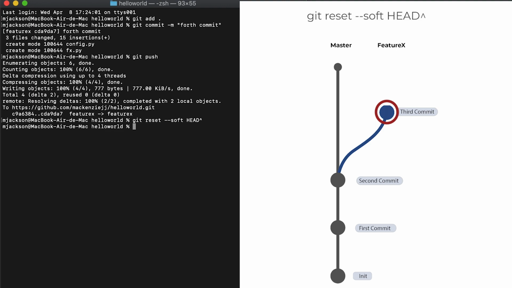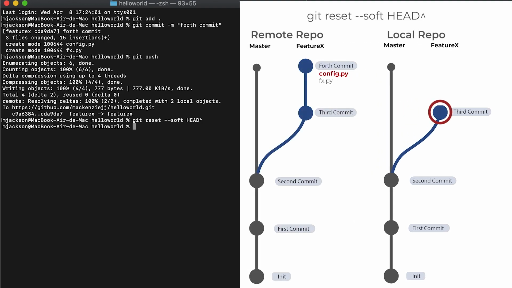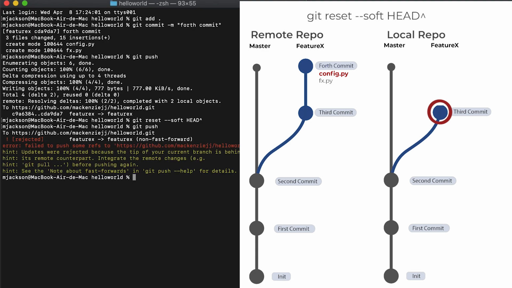The problem with this is that if you push this up into your repository, then you're going to get an error. This is because the history that you're trying to push is essentially behind the history on the remote repository. To fix this, we have to use the force flag.